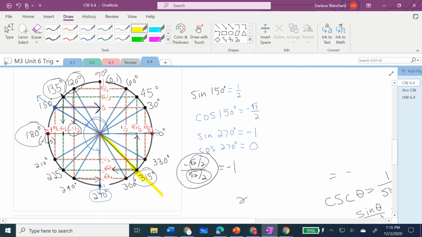I want you to go back in time and remember when you were writing equations of lines. This line, I'm going to extend it out all the way to here. What is the equation of that line? It goes through the origin. What is the equation of that line?